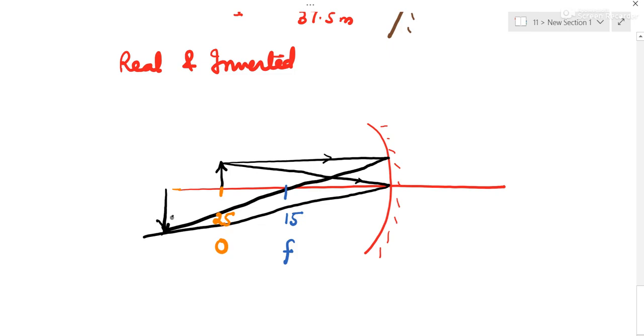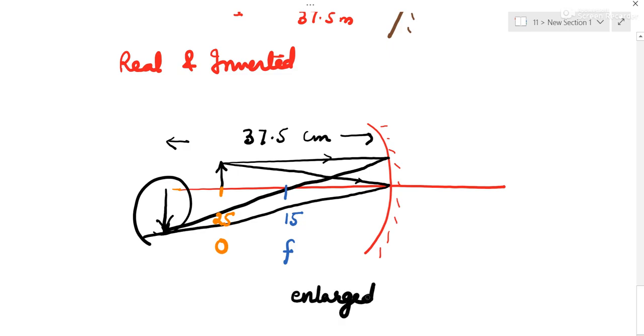And what is the distance of the image? 37.5. And now does it look big, enlarged? But you can tell the magnification also. So the magnification formula for a mirror is minus V, that is the distance of the image, upon U, that is the distance of the object.